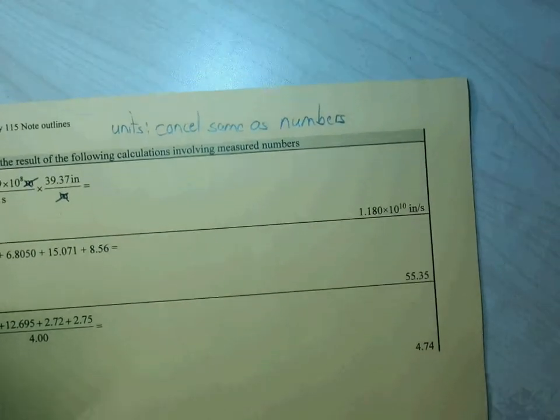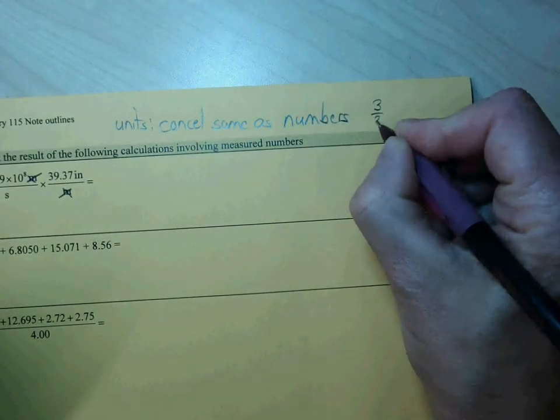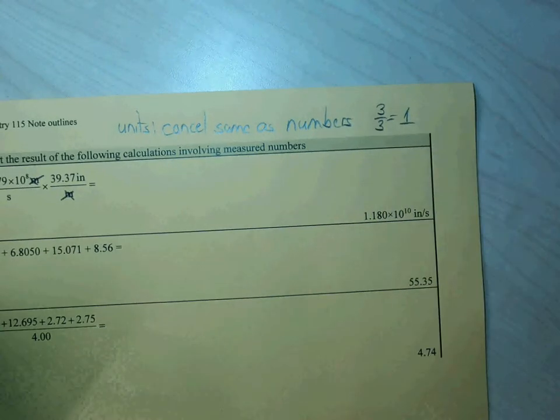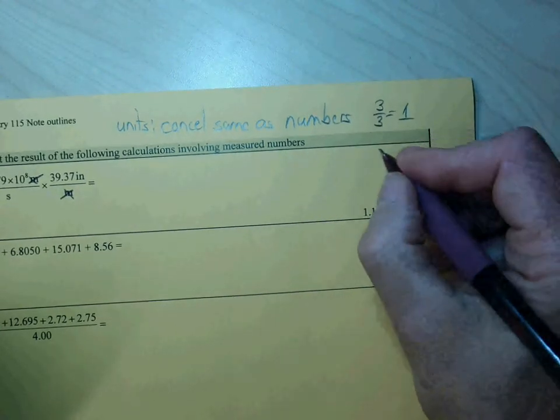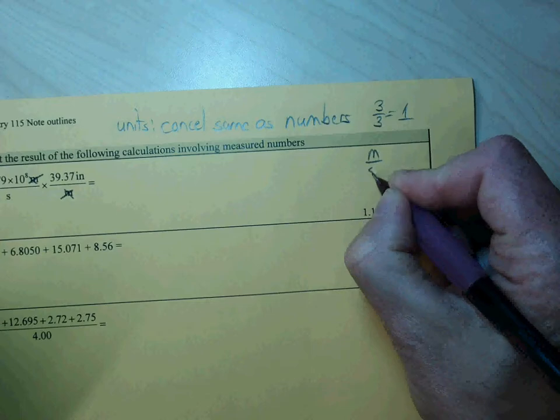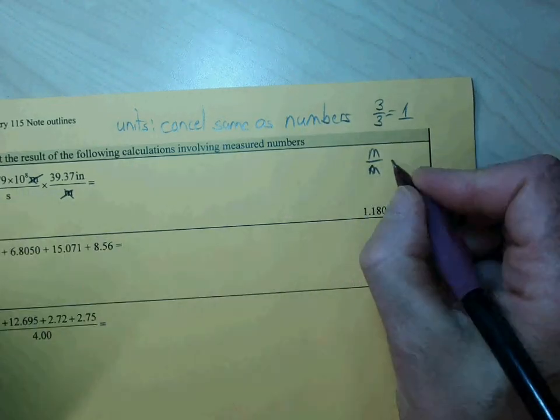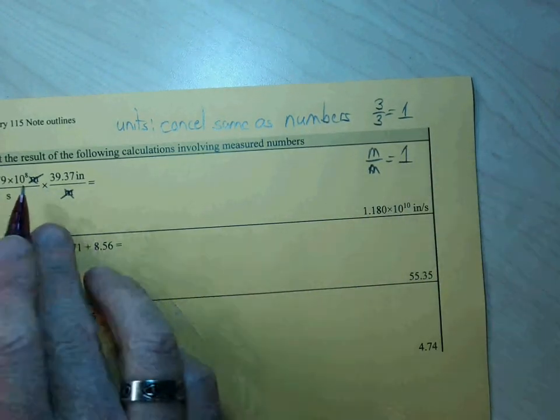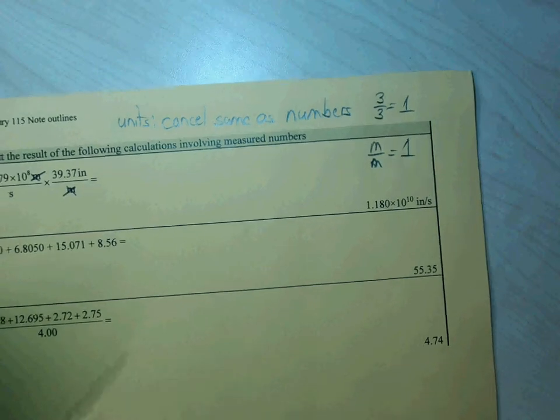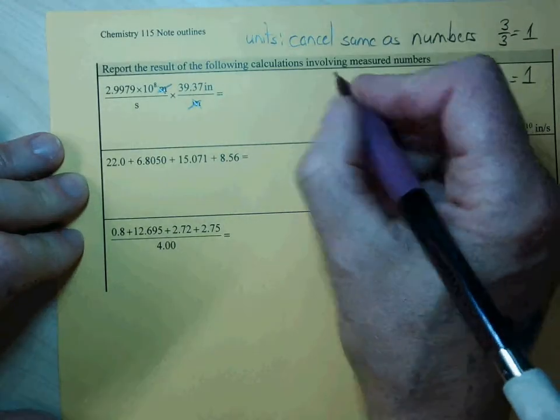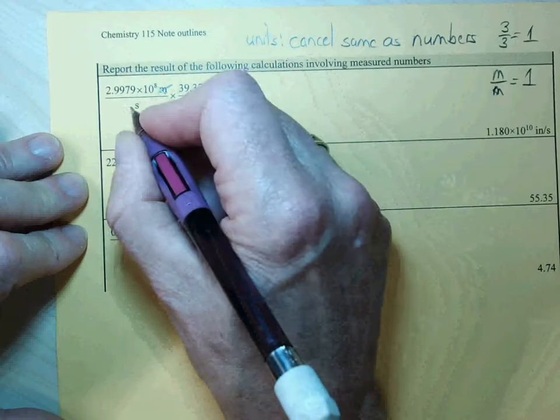Meaning that, for example, if we had 3 over 3, that's going to be equal to 1. And by the same token, meters divided by meters, as we have in this example, is going to be equal to 1, and the meter units cancel out. So overall, our units are going to be inches per second.